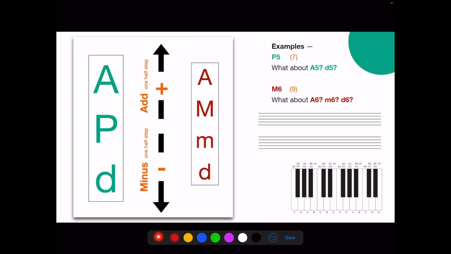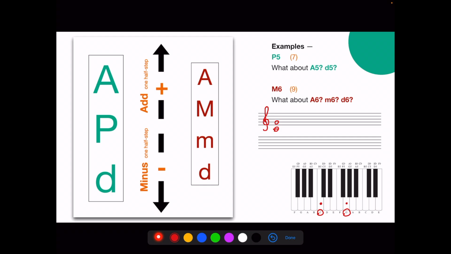So let's take perfect fifth. Okay, so we have C and G. C and G. This is a perfect fifth.